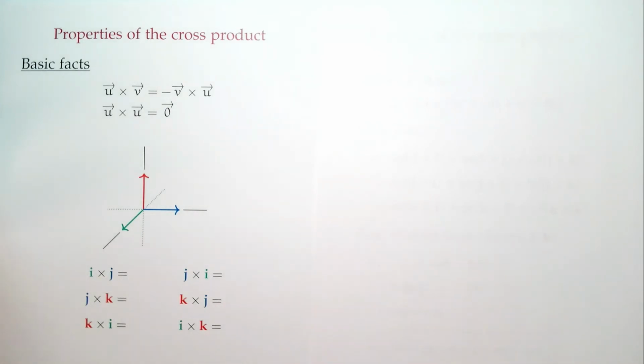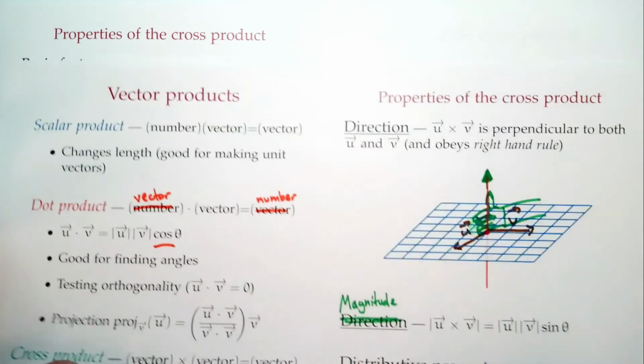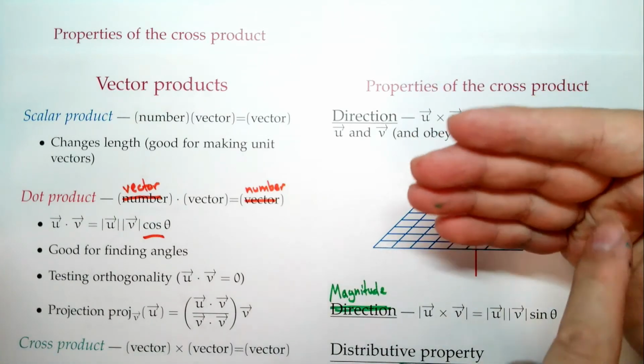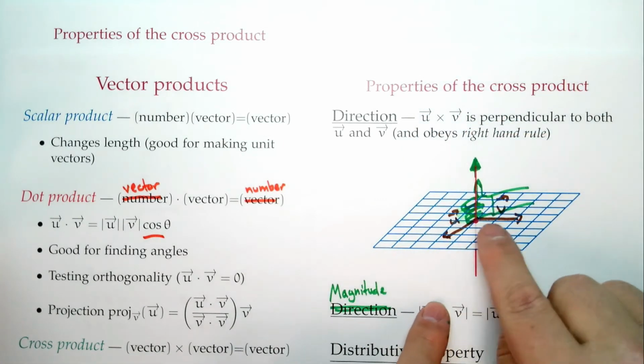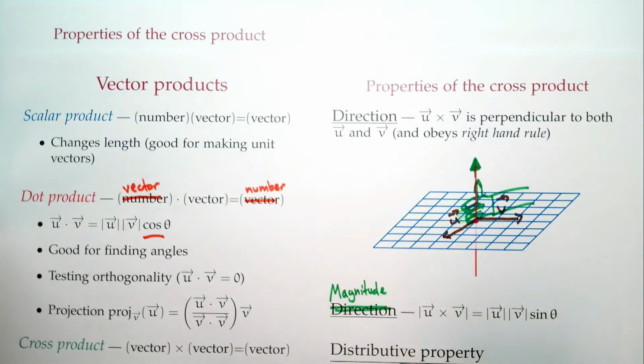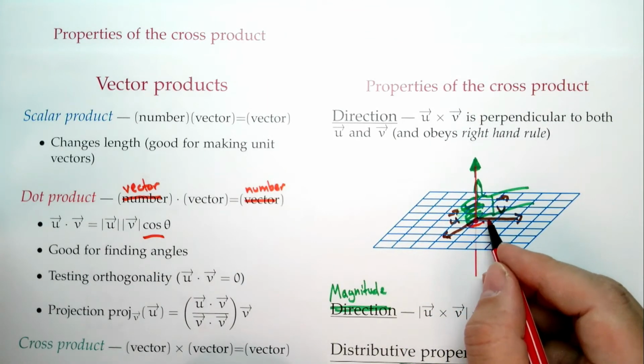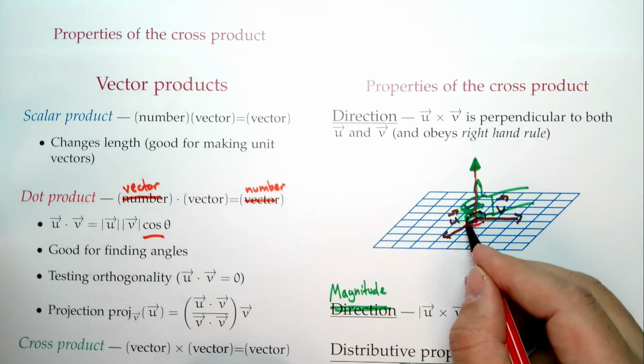The way to see that is to think about what happens back here when we did our right hand rule. So when we did our U cross V, remember, you need to have it so that the angle, because if you look at it, there's two angles here. There's an angle that's less than 180, then there's a second angle which is more than 180.